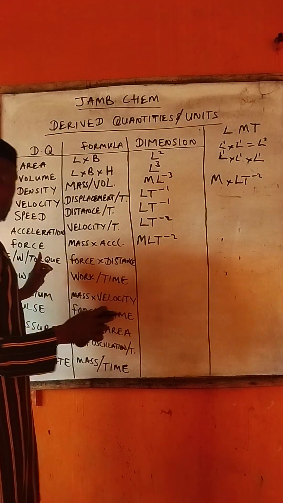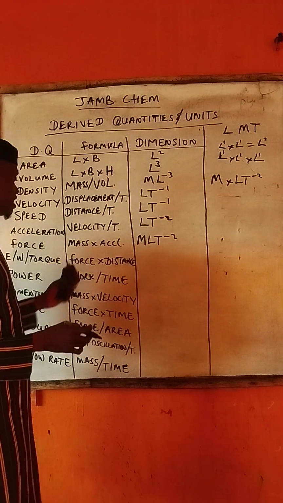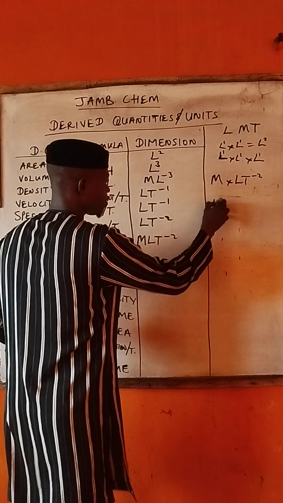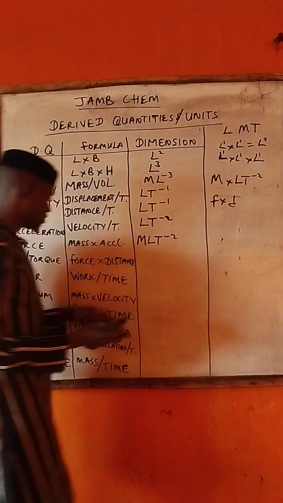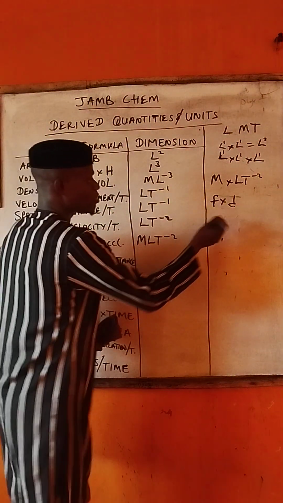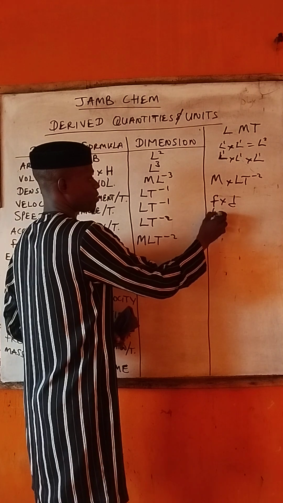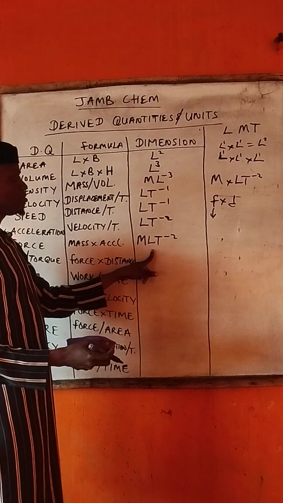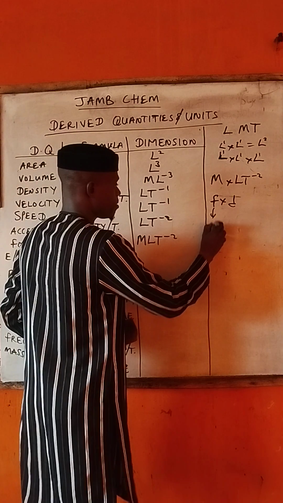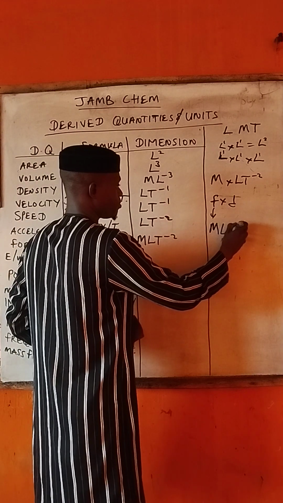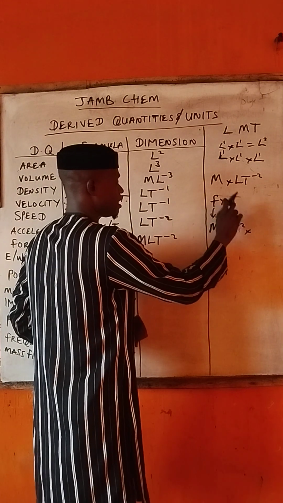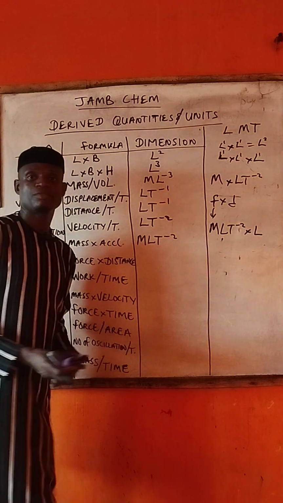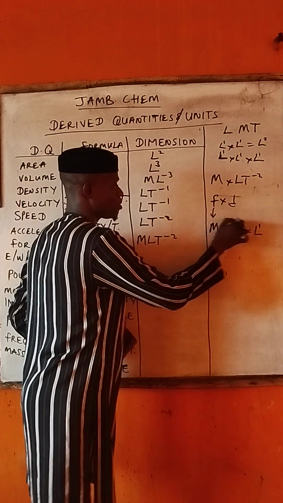Simple. The formula for energy, work and torque is force times distance. It's still the same thing: force times distance. The dimension for force is MLT raised to minus 2, multiplied by the dimension for distance, which is L. So we have 1 here, 1 here.